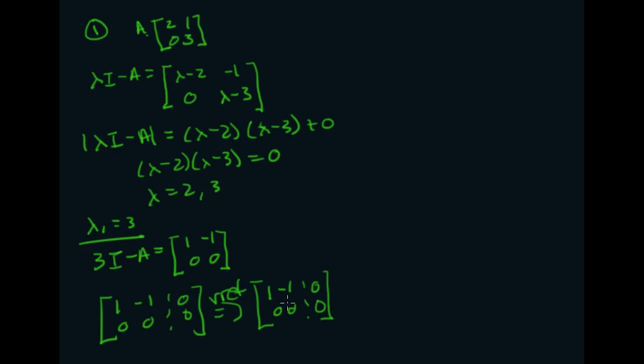So literally what we're being told here is that x1 minus x2 is 0, determines all of the eigenvectors. So if we let x2 equal t, that means x1 has to be t, which means that t times 1, 1 gets me the set of all eigenvectors that correspond to the eigenvalue 3.